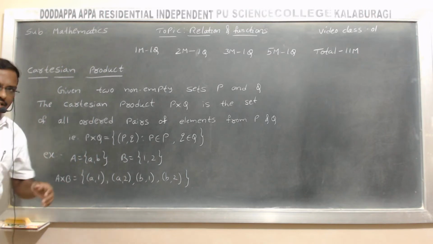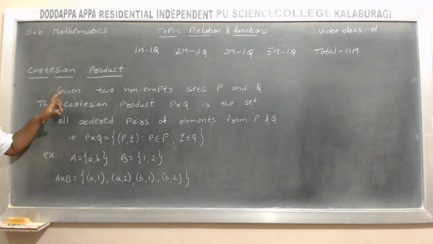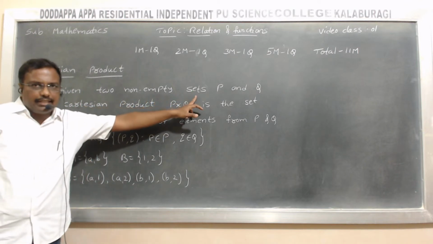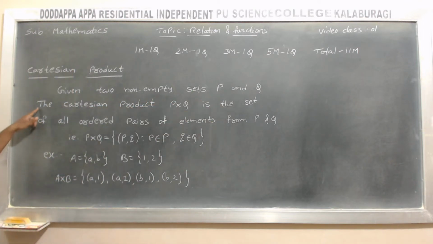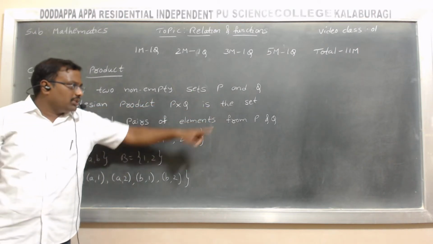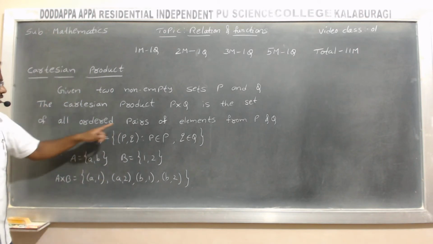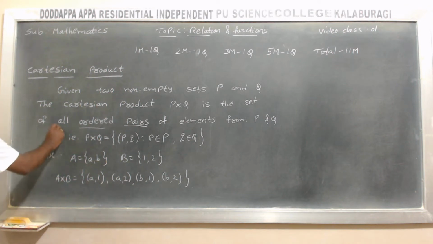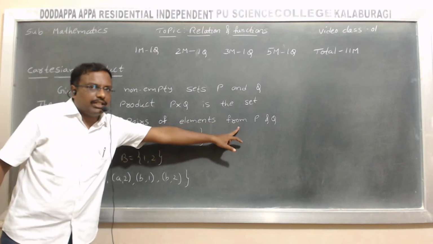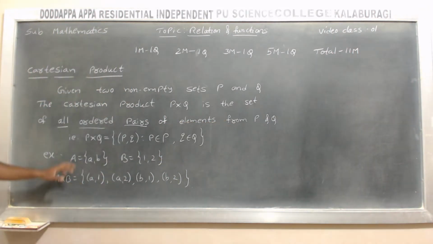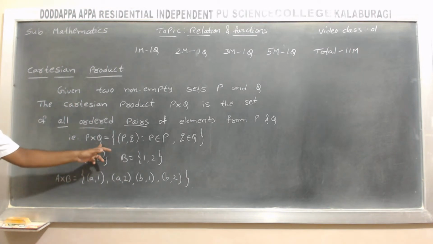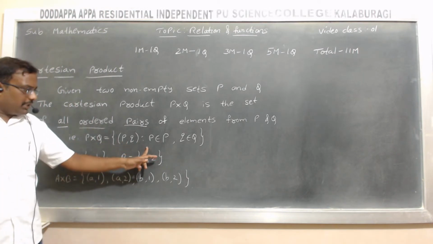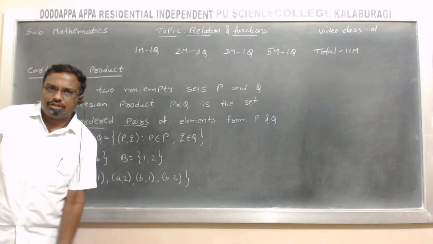Once again I will repeat: Cartesian product means, given two non-empty sets P and Q, the Cartesian product P cross Q is the set of all ordered pairs. This is very important. Set of all ordered pairs of elements from P and Q. The general form is P cross Q is equal to (p, q) such that p belongs to P, q belongs to Q.